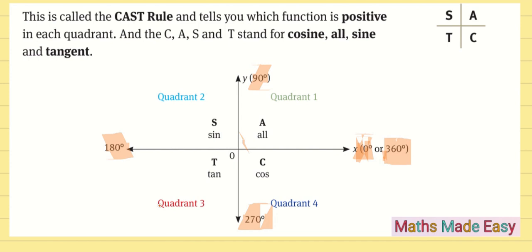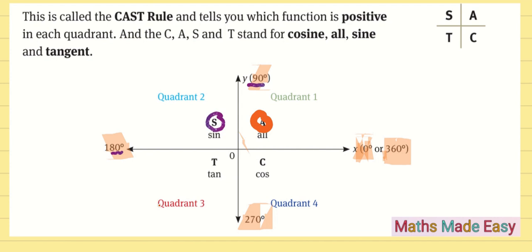Now I just want you to remember this. We will talk about it more in the following term, but all the trig ratios are positive in quadrant 1, right? The first quadrant. Only sine will be positive in quadrant 2. So the angles between 90 and 180, sine is the only one that will be positive, okay?